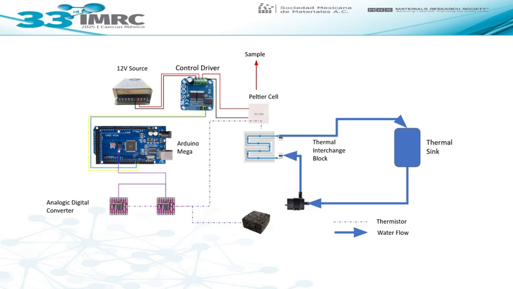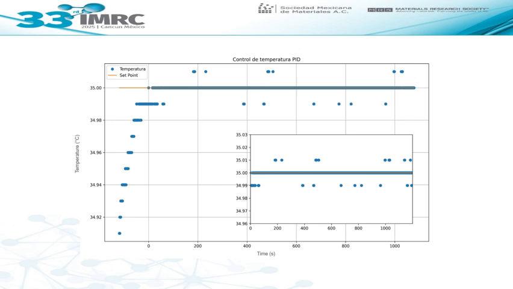This temperature control gives a pretty constant temperature, with a variation of plus or minus 0.01 degrees Celsius.